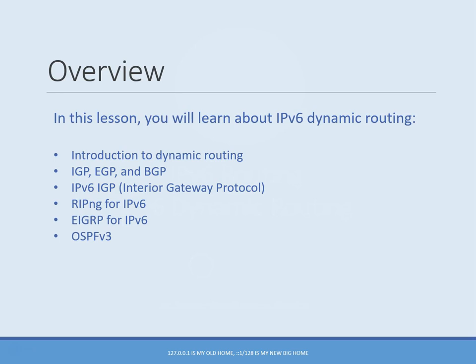Then we will focus only on IPv6 interior gateway protocols, and we will explain the three common dynamic routing protocols for IPv6, which are RIP-NG, EIGRP for IPv6, and OSPFv3, which is for IPv6.